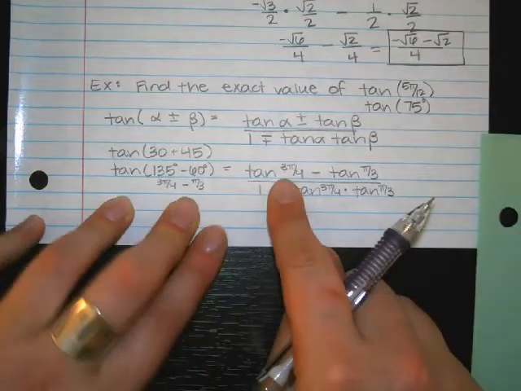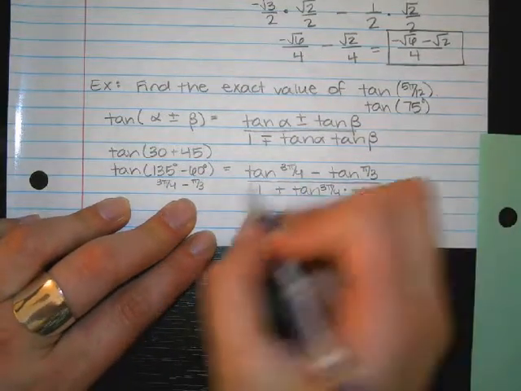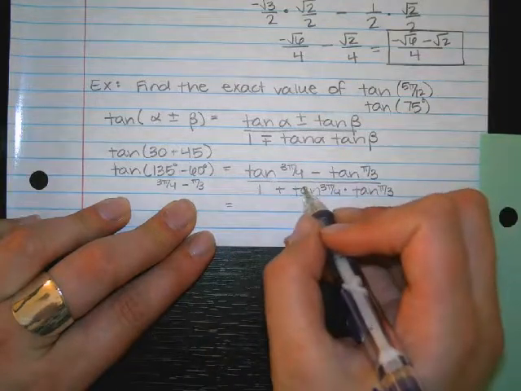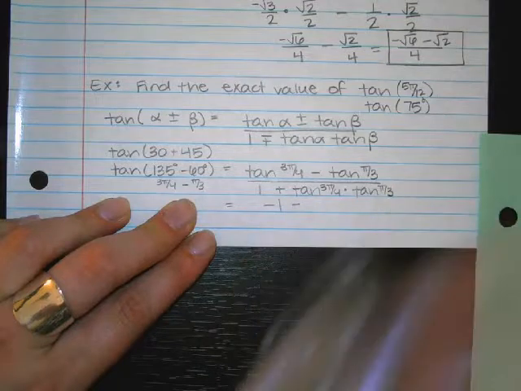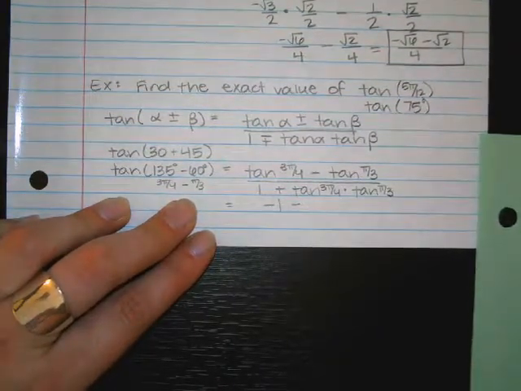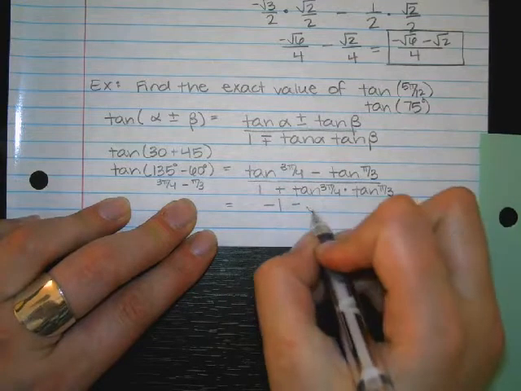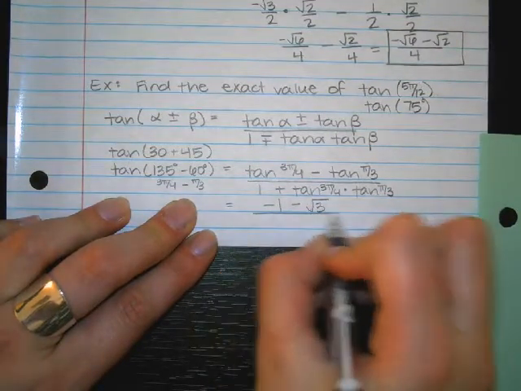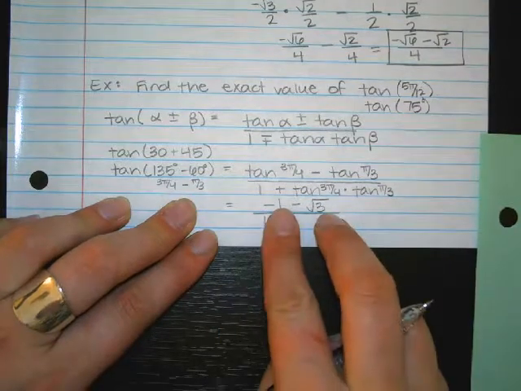So tan of 3 pi fourths, tan of pi thirds. All right, what's tan of 3 pi fourths? It's negative 1. Negative 1 minus, what is tan of pi thirds? Root 3. Divided by 1 plus, and we already found those numbers.